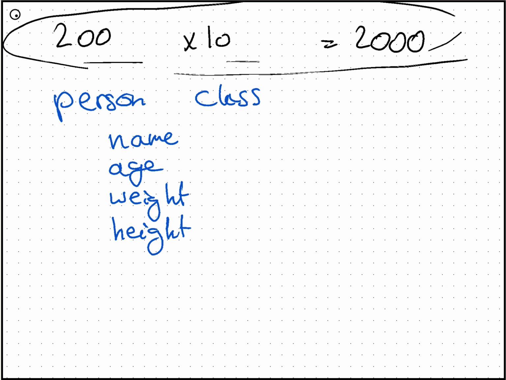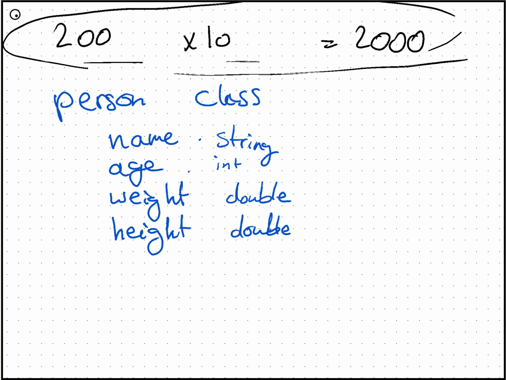A name is a string. What would you say an age is? It's an int. Weight can be an int or double, and the same with height, right?